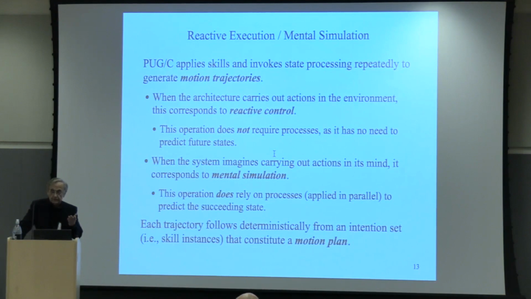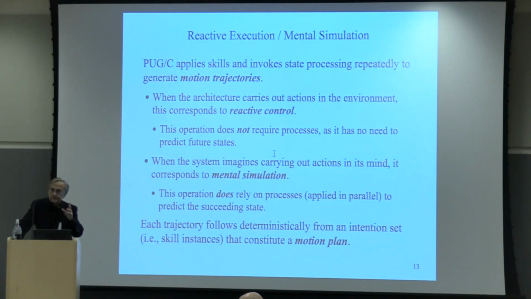That does not require prediction. Okay? It doesn't have to predict future states. It just says, well, under this situation with these values, I'm going to calculate these values for control variables, and that's what happens. But if the agent wants to look ahead to do mental simulation, then it does need processes to predict what the next state is going to be, and then it can apply the same state processing stuff to that.